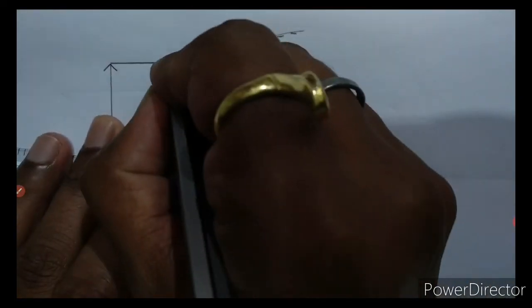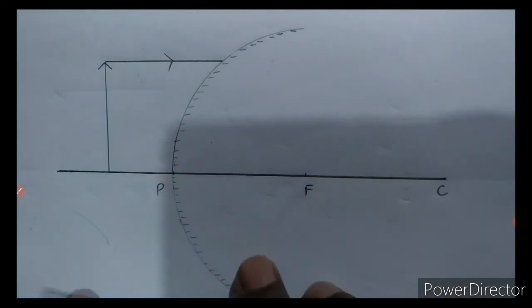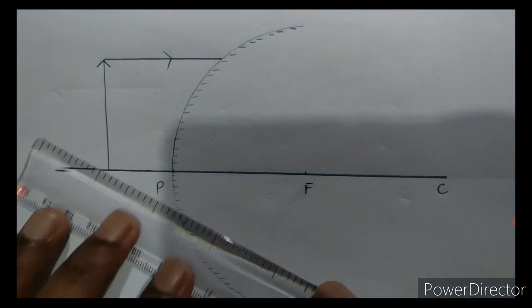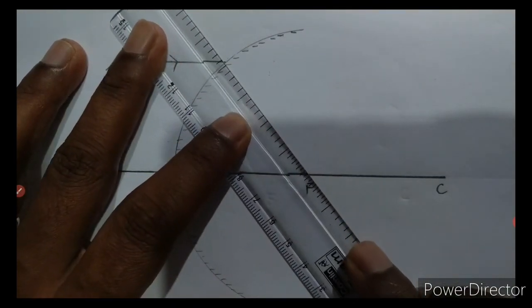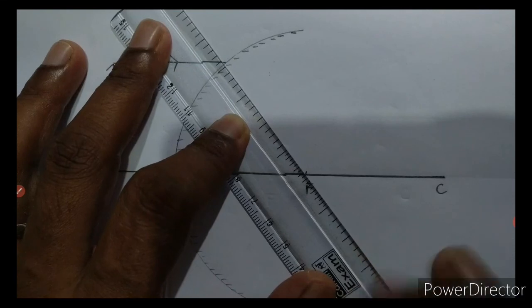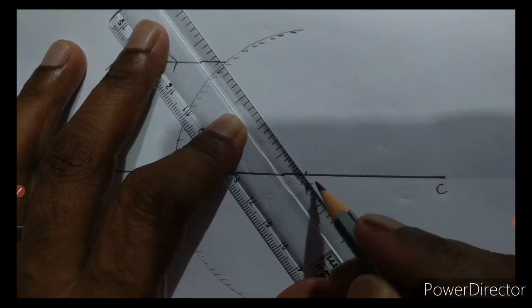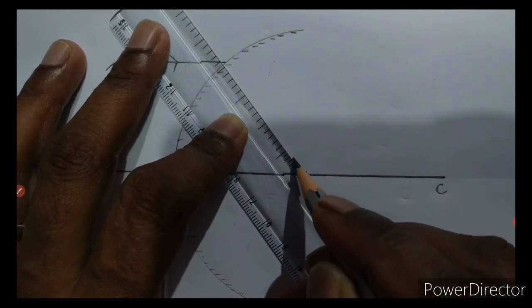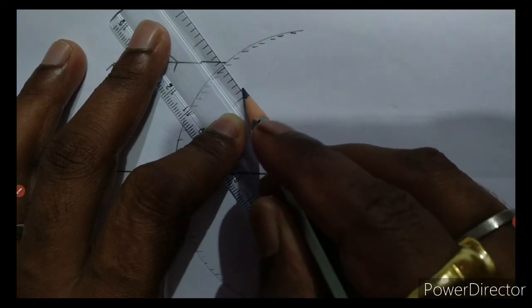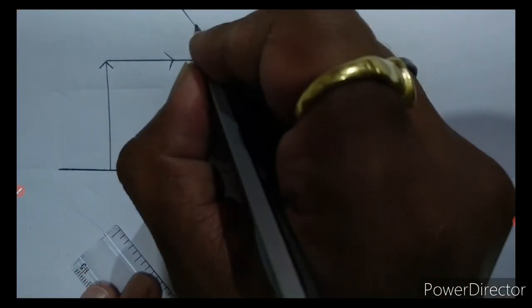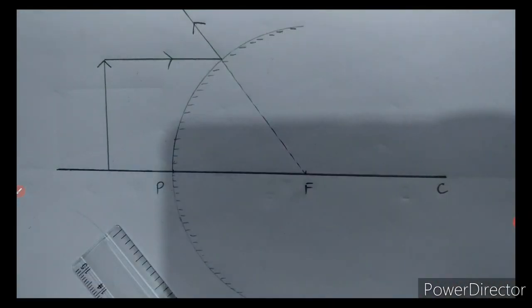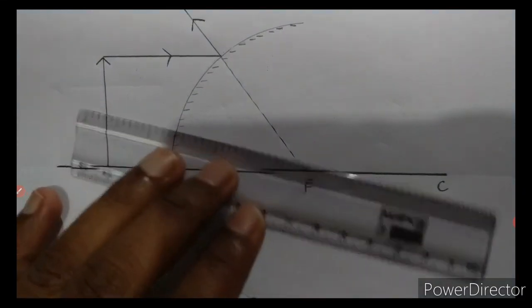So it strikes the mirror, and this ray needs to have a reflected ray which appears to come from the focus. As you can see, I am drawing one reflected ray coming from the focus, and it needs to be a dotted line because it is behind the mirror. So this will be my reflected ray. Then I need another ray which should pass through the center of curvature.